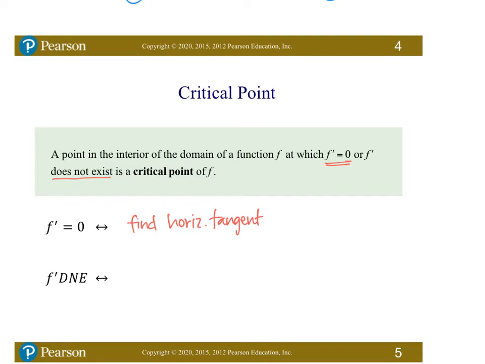And when f prime does not exist, you're going to set f prime equal to 1 over 0, or undefined, and we're going to find either vertical tangents, or corners, or cusps.